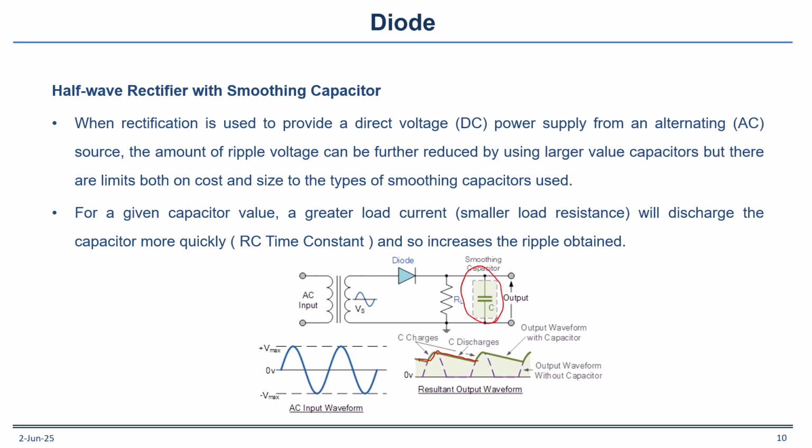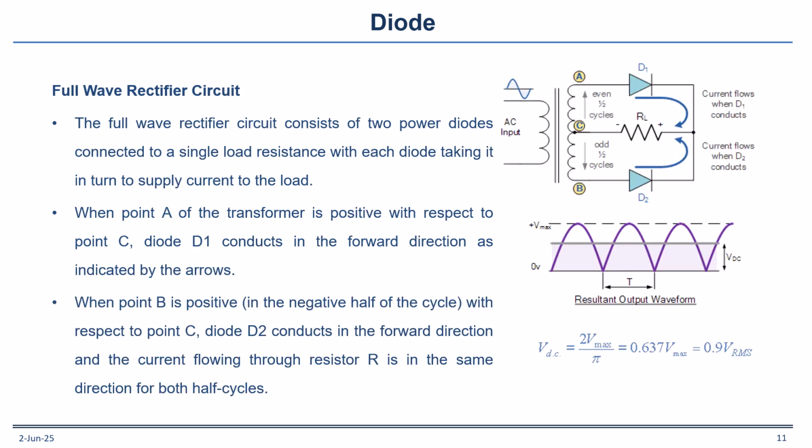So we have this green waveform, and we can see it's more like a DC one. For DC, the ideal is just one direct line. If we don't have the smoothing capacitor, it is the AC one, and it will be something like this, which is not good. But with the smoothing capacitor, you can see it's more or less constant, not perfectly constant.